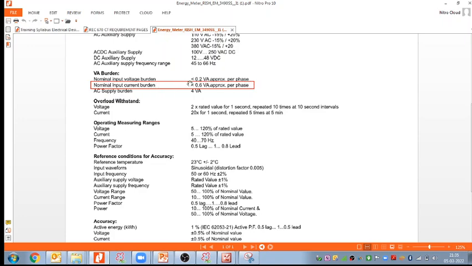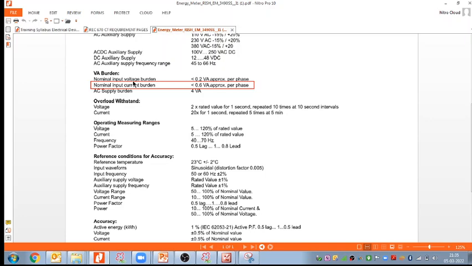So when we are discussing the voltage sizing calculation, in the voltage we again use two types of voltage transformer: the metering voltage transformer to measure the voltage, and second the protection voltage transformer.